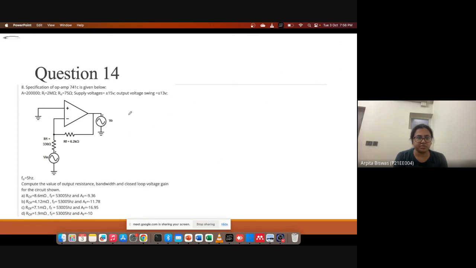You have to find out the output resistance, bandwidth, and closed loop voltage gain.